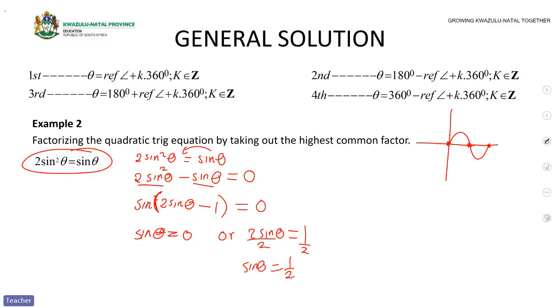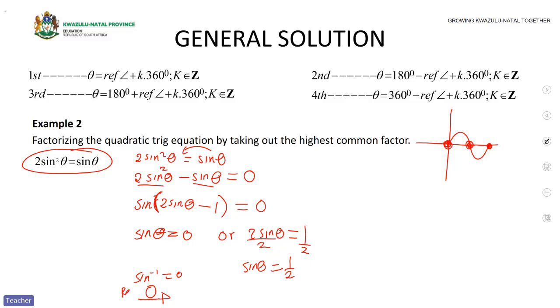So if we check, we use shift sine to find our reference angle, and we get 0. As we said, sine is 0 here, it is also 0 here at 180, and it is also 0 there at 360. So that would be our answer.